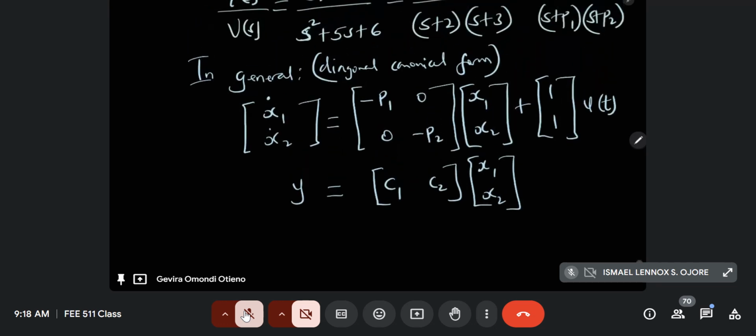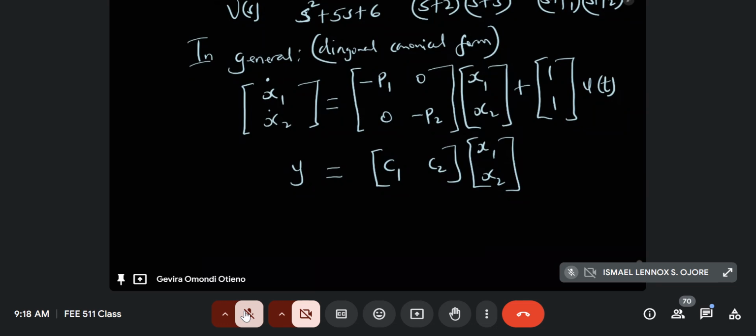So now, this is the general format in which we write the diagonal canonical form. But we've seen we can easily get P1 and P2, because you simply factorize your denominator term so that you get your poles. But now, how do you obtain C1 and C2? Let's do the first part, meaning the state equation, then we'll see how we get the output equation.